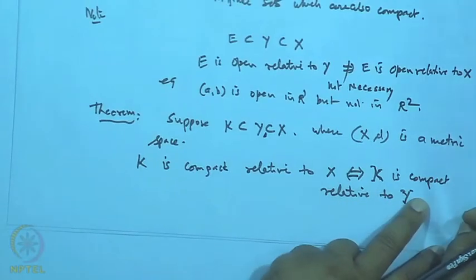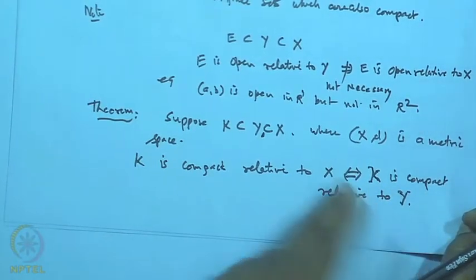What we want is that if K is compact with respect to Y, then it has to be compact with respect to X and vice versa.